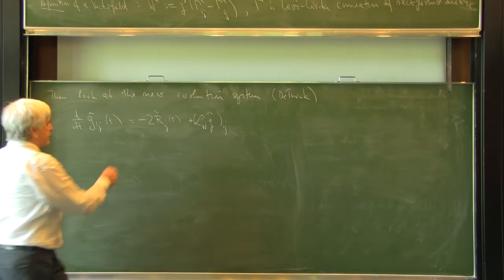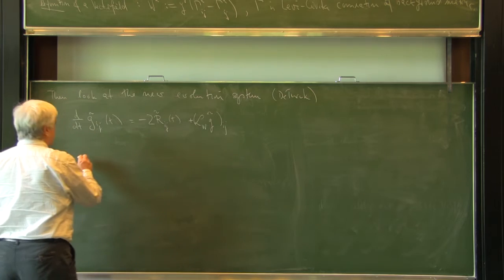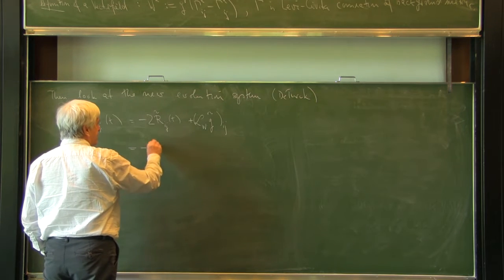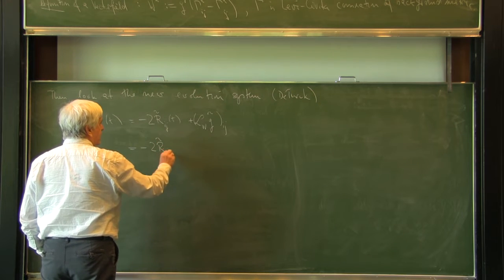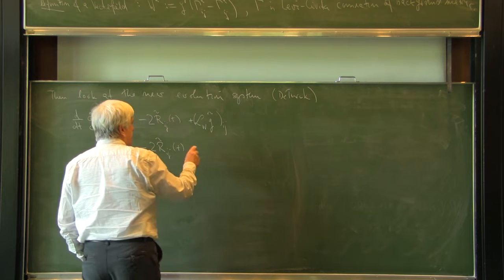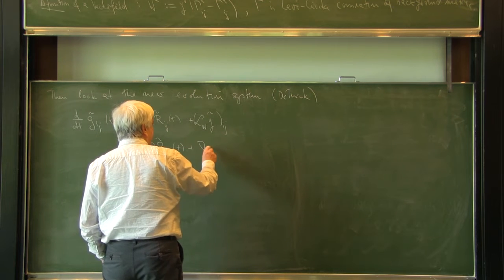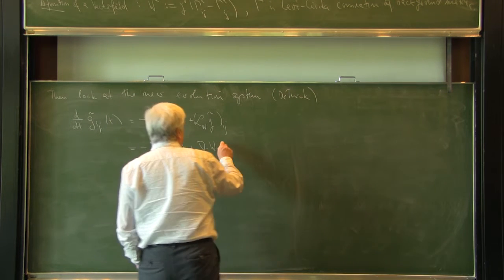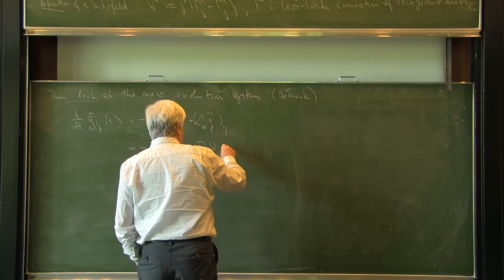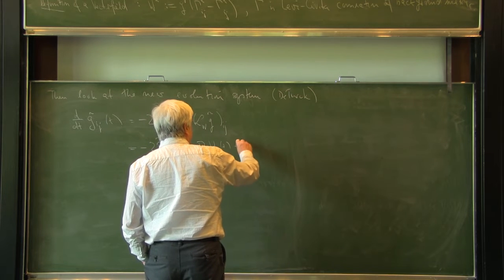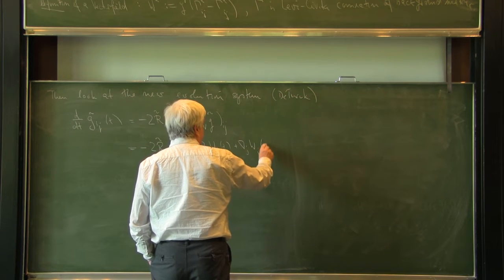And as we know, this means that we solve minus 2 R tilde ij at t plus gradient i W_j at t plus gradient j W_i at t.